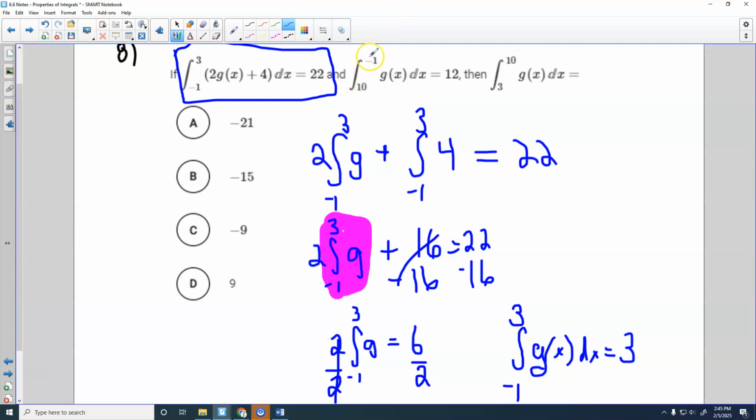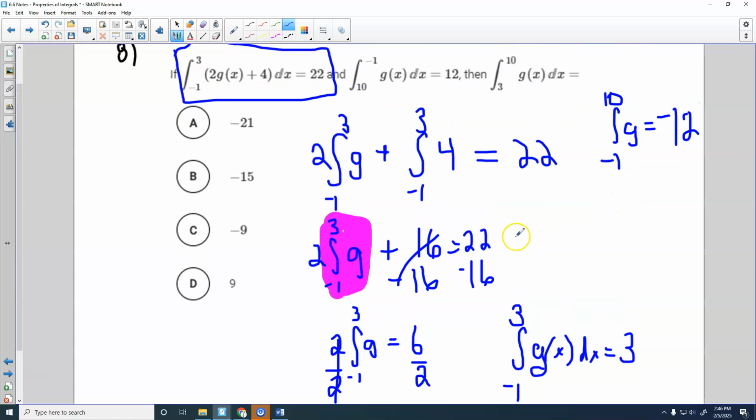We need to flip this first of all, because this goes from 10 to -1, which is going backwards, right? We really want to think about this left to right. So the integral from -1 to 10 of g will equal -12. There.